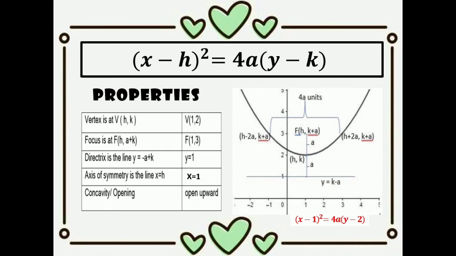The focus is (h, a plus k), and the value of a is 1, so the focus is (1, 3). The directrix is the line y equals negative a plus k, so y equals 1. The axis of symmetry is the line x equals h, so x equals 1. And as you can see in the graph, the opening is upward.